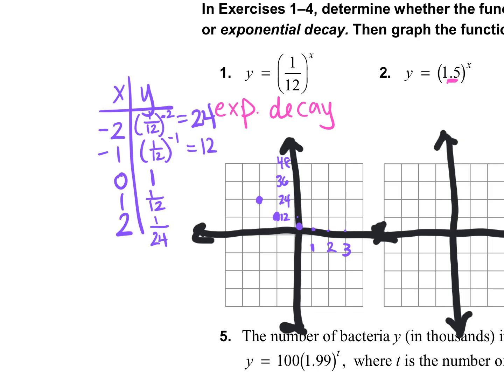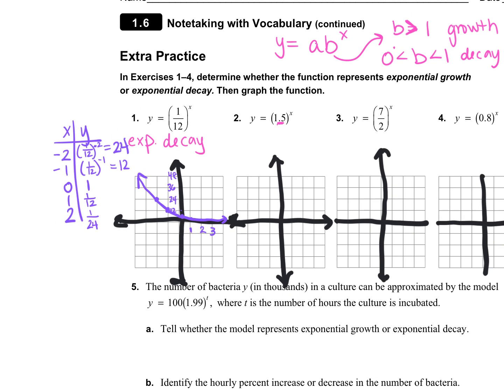So it just gets smaller and smaller. Okay. It does not say anything about domain and range, so yay, we're good there. Okay, let's do the next one.